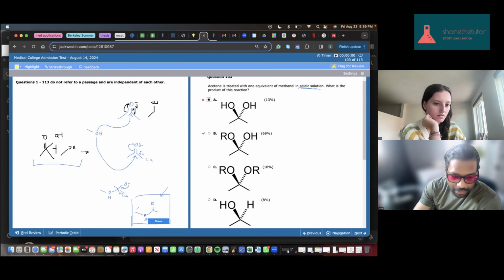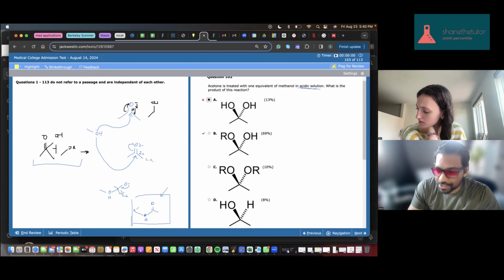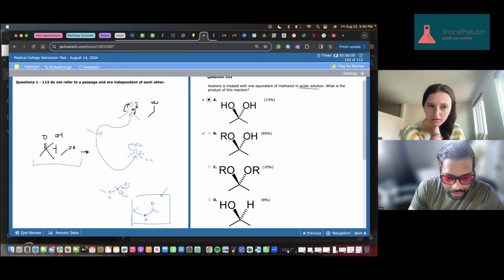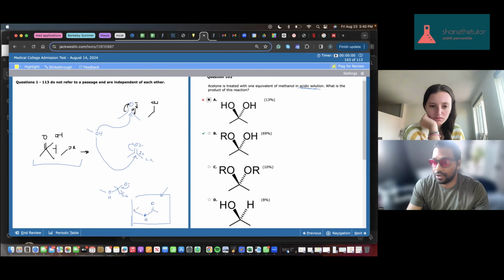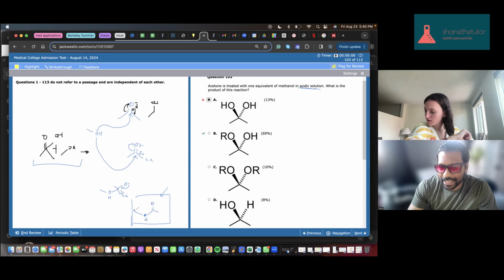If you think about it, this is an ester because there's an R group here. And an ester is OR. So this is O and this is the R. So that's what'll happen normally. But now they're saying that this is an acidic solution.